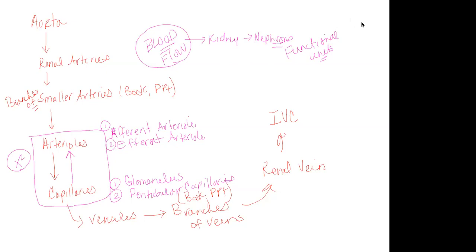Okay, all right. So the very next thing we want to talk about is the nephron. There are approximately 1 million nephrons in each kidney.